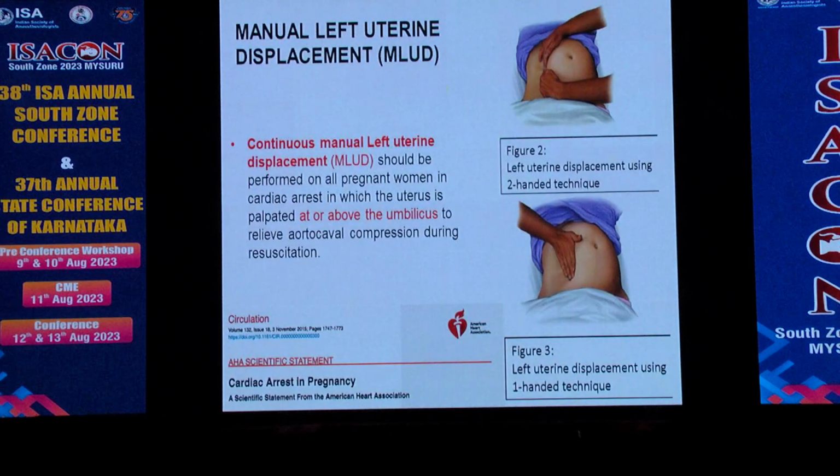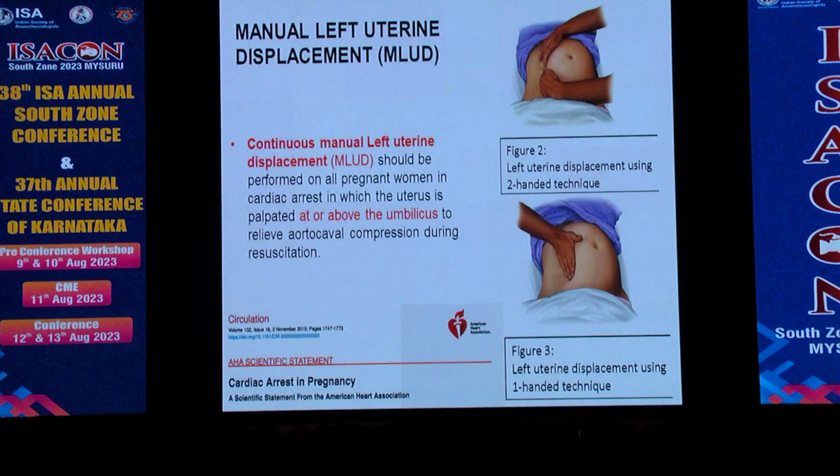So coming to manual left uterine displacement, it is the key step in the resuscitation of the pregnant woman. Continuous manual left uterine displacement should be performed in all pregnant women who are in cardiac arrest, in which the uterus is palpated at or above the umbilicus, to relieve the aortocaval compression during resuscitation.